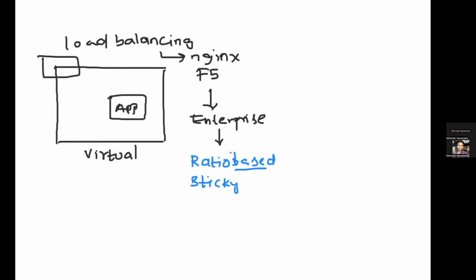That means if one request is going to pod 1, then all the requests of that specific user have to go to pod 1 only. This is called sticky sessions. They can use path based load balancing. They can use domain or host based load balancing. They support whitelisting, that means only allow specific customers to access the application. They can do blacklisting.